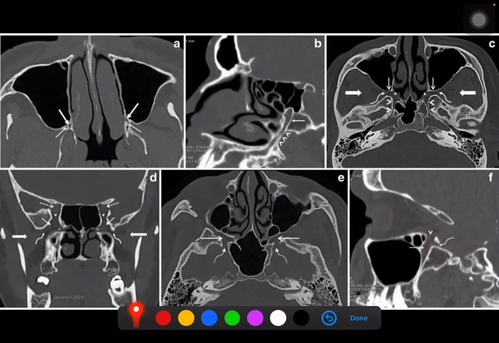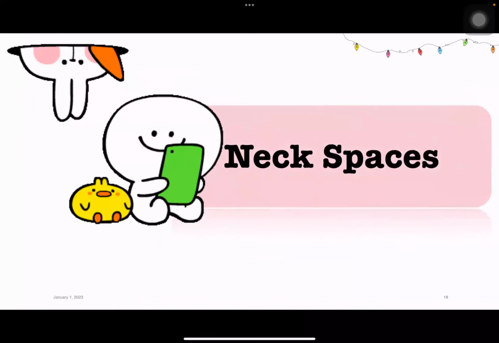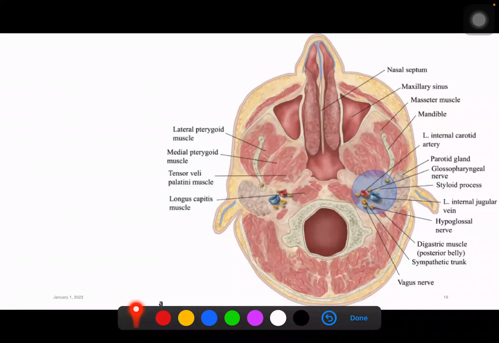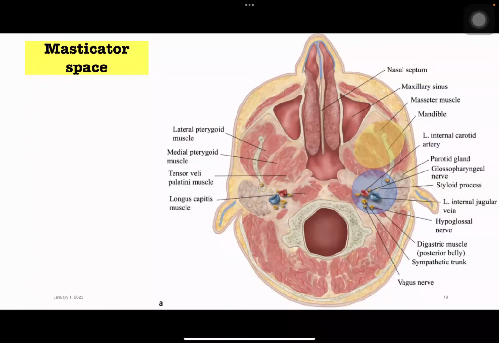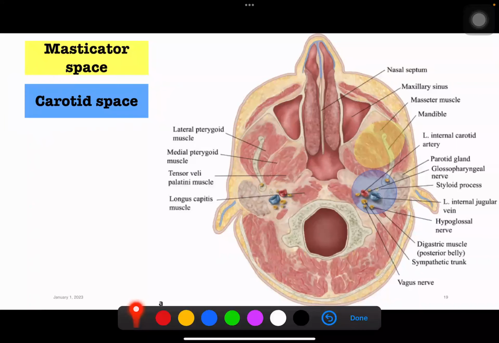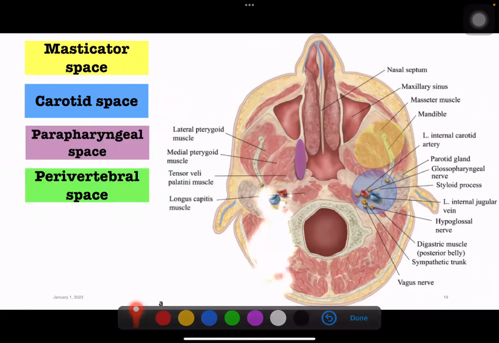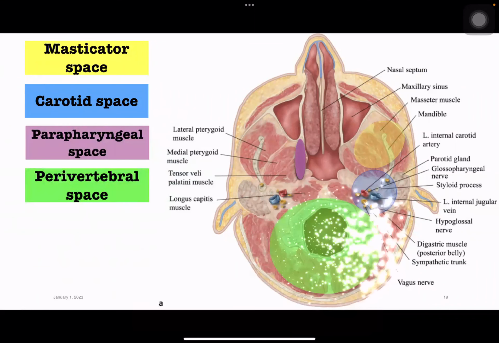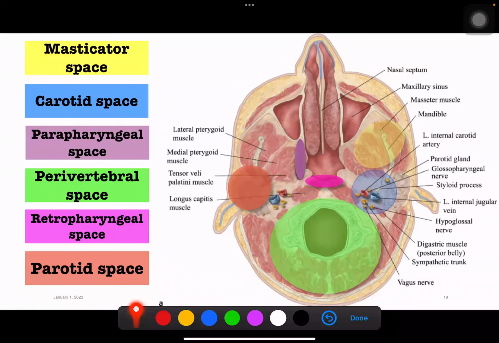Okay, keep focus. We'll go through some details of neck spaces. Regarding the suprahyoid neck spaces, they consist of masticator space, carotid space, parapharyngeal space, perivertebral space, retropharyngeal space, and parotid space.